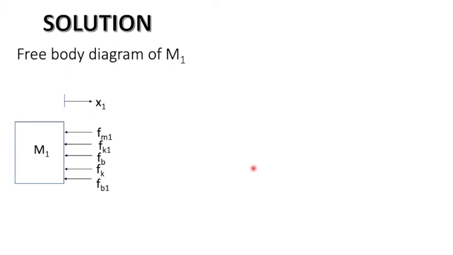So first step, let us look at the free body diagram of M1. M1 is acted upon by opposing forces due to mass M1, spring K1, dashpot B, spring K, dashpot and the surface friction B1.